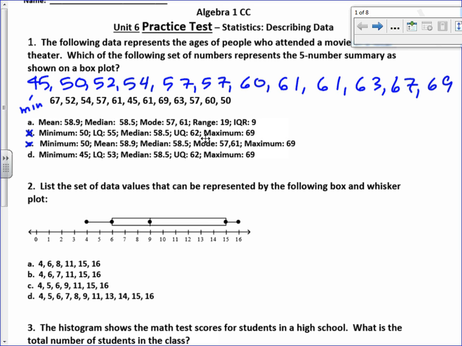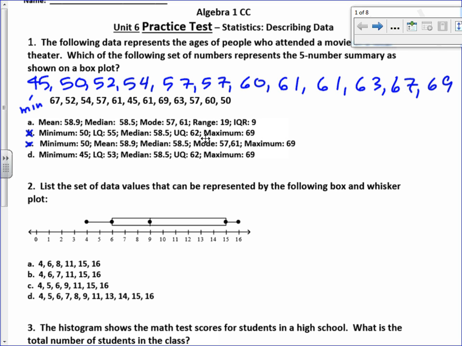And did anyone find the median? Okay, 58.5. So what about the lower quartile? 1, 2, 3, 4, 5, 6, 7, 8, 9, 10, 11, 12.